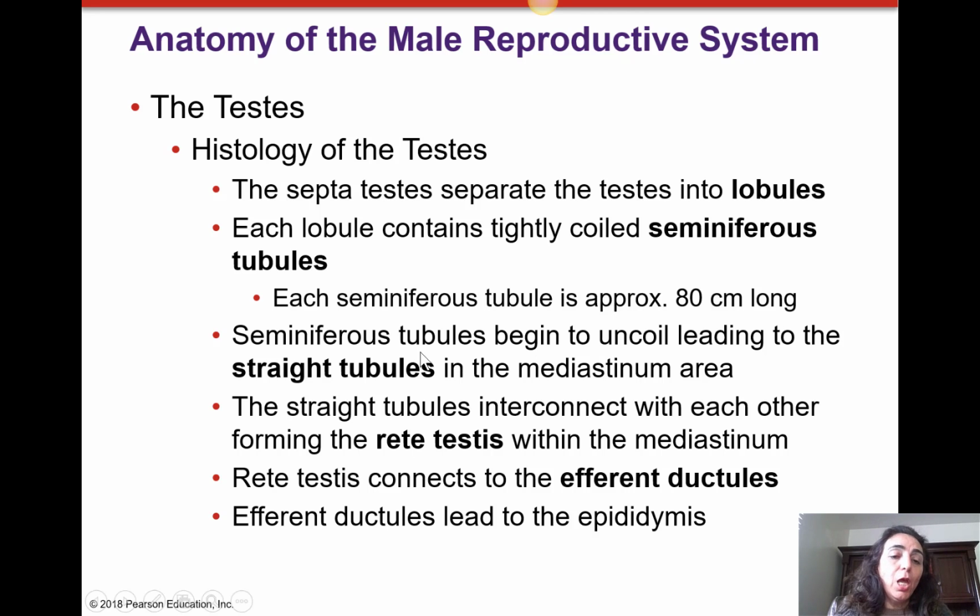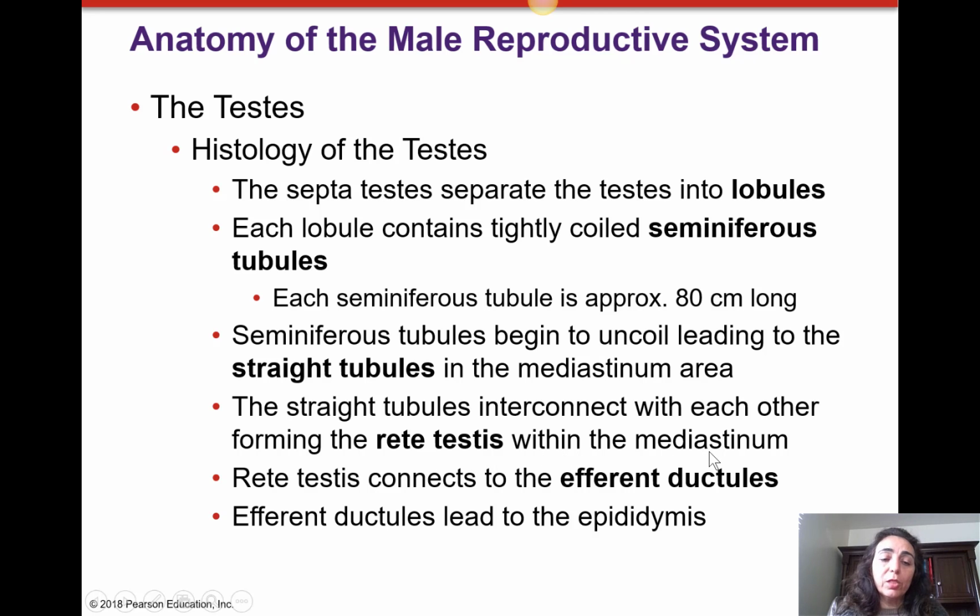Now these seminiferous tubules begin to uncoil when they get to the mediastinum of the testis, leading to the straight tubules. I think I didn't show those ones too. Those straight tubules in the mediastinum area then interconnect with each other, forming the rete testis.